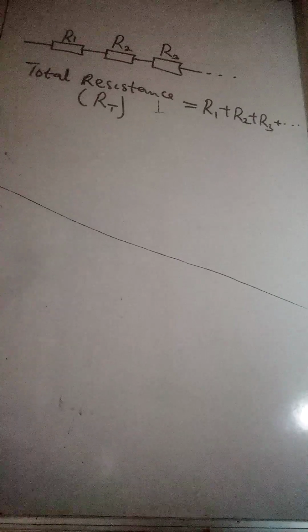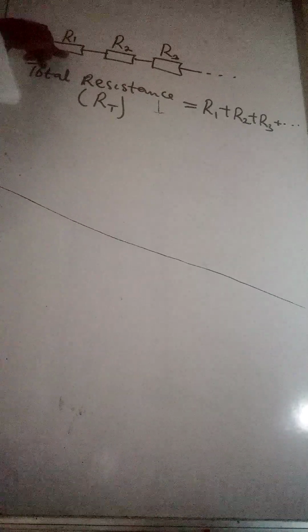Okay, total resistance, which I denote with R subscript T, for series arrangement of resistors, can be calculated by the direct addition of all the given resistances.